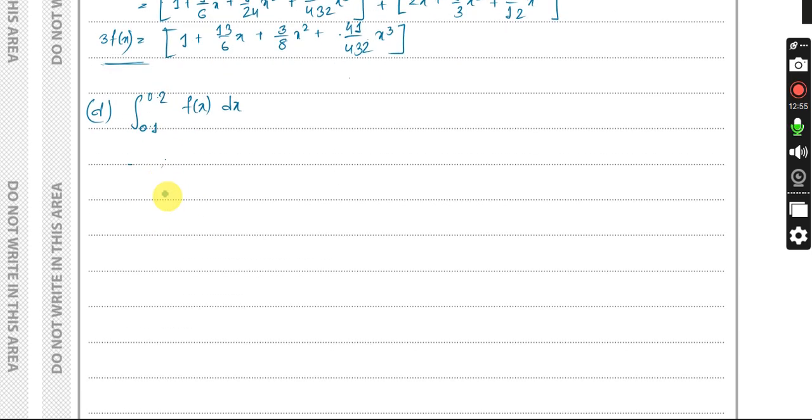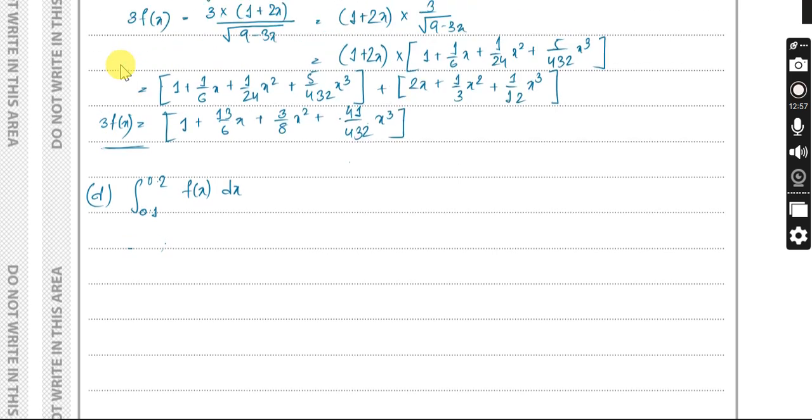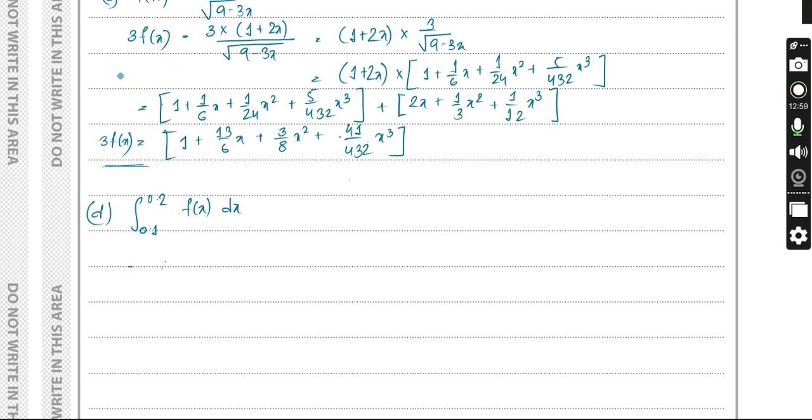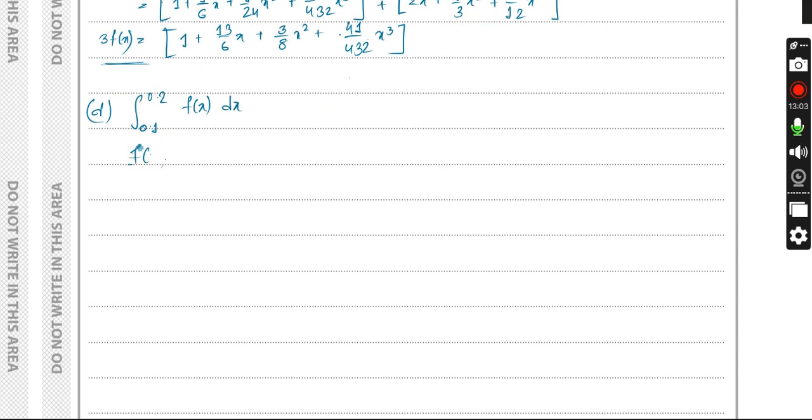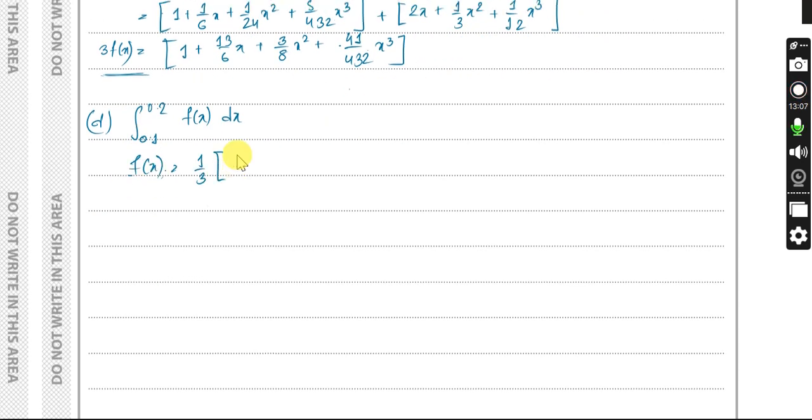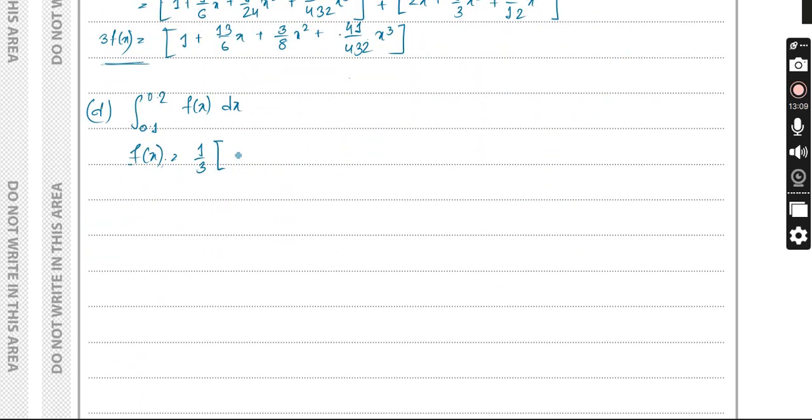So if I multiply both sides by 1 by 3, the left hand side would become fx, equals 1 by 3, and everything other than 1 by 3 will remain the same. So it would be 1 plus 13 by 6x plus 3 by 8 x squared plus 41 by 432 x cubed.